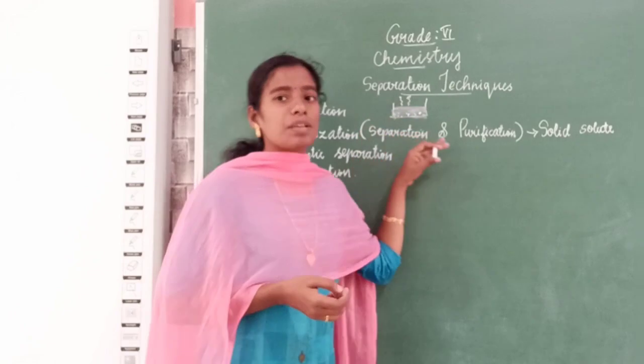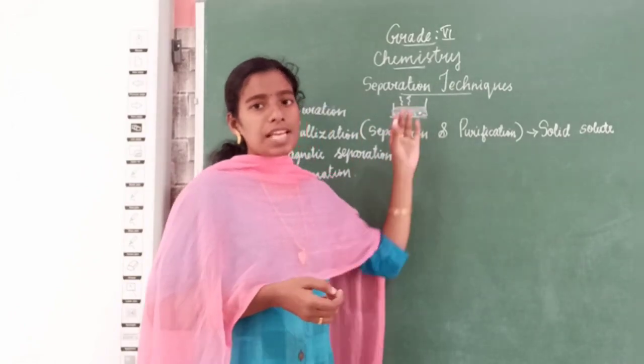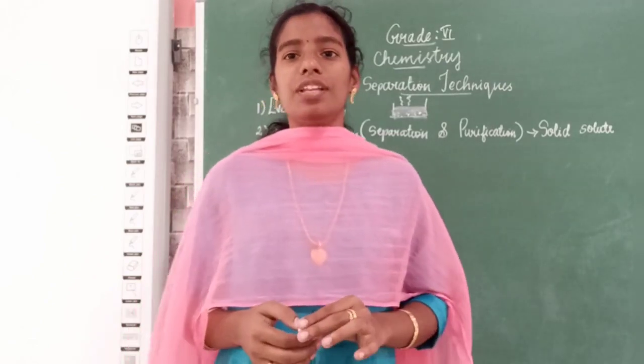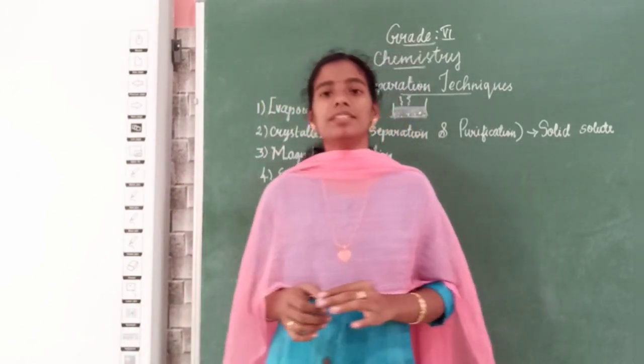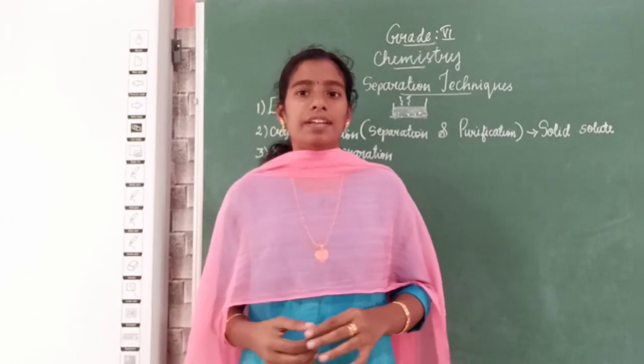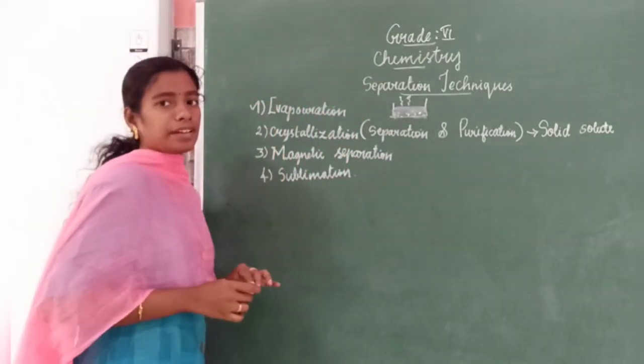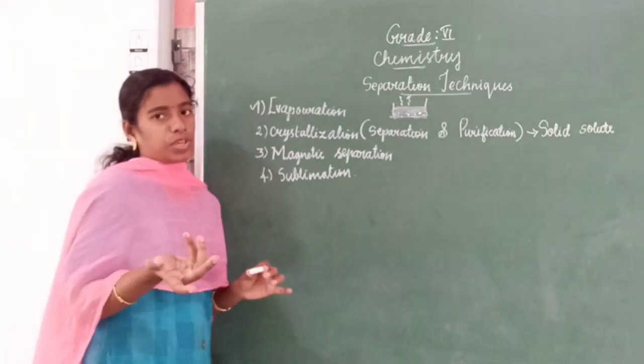Now the salt is separated from the sea water. So it is a separation technique, a type of separation technique that is nothing but called evaporation. Many examples we can say.